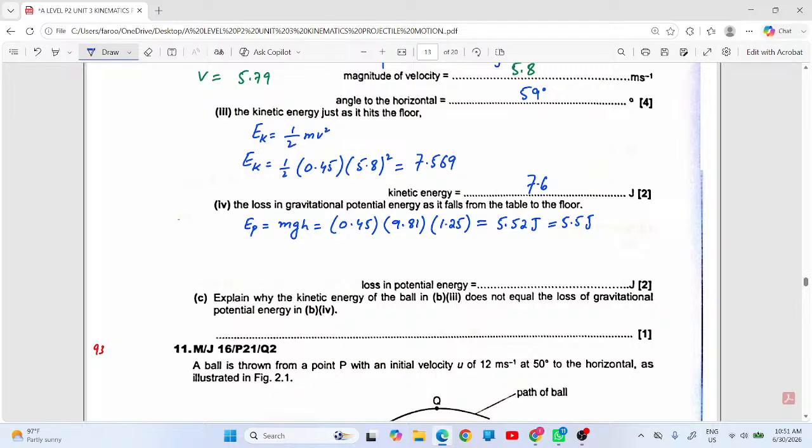So the loss in potential energy is 5.5. Next is explain why the kinetic energy of the ball in part 3 doesn't equal the loss in gravitational potential energy in part 4.